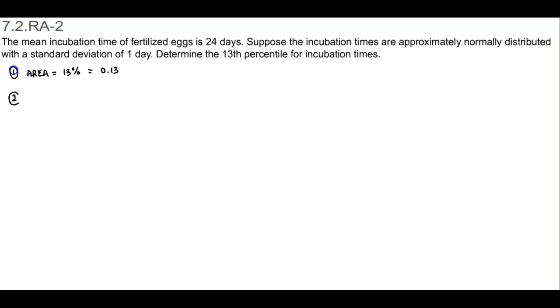And so we're going to draw our picture, our bell curve, so we can get a clear picture of what's going on. What do we know the mean is? Well, the mean is 24 days. And again, the 13th percentile means that 13% of the data is less than the random variable x.